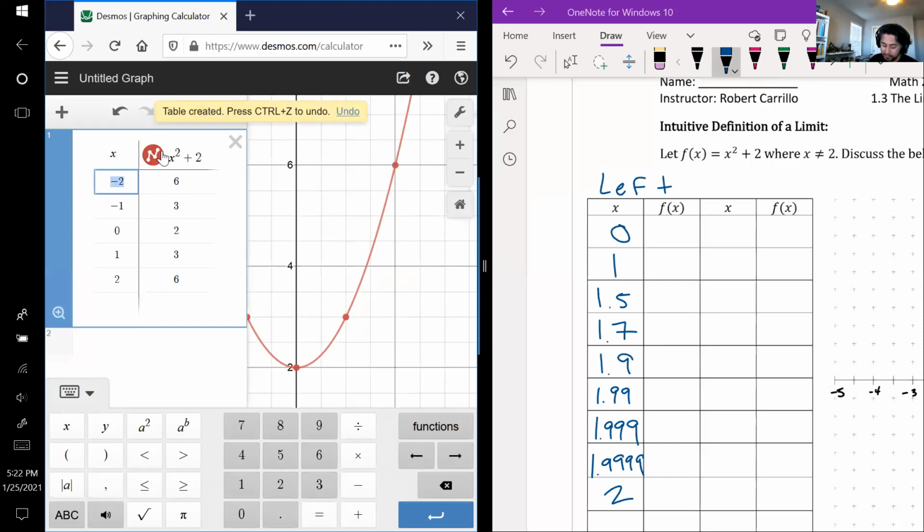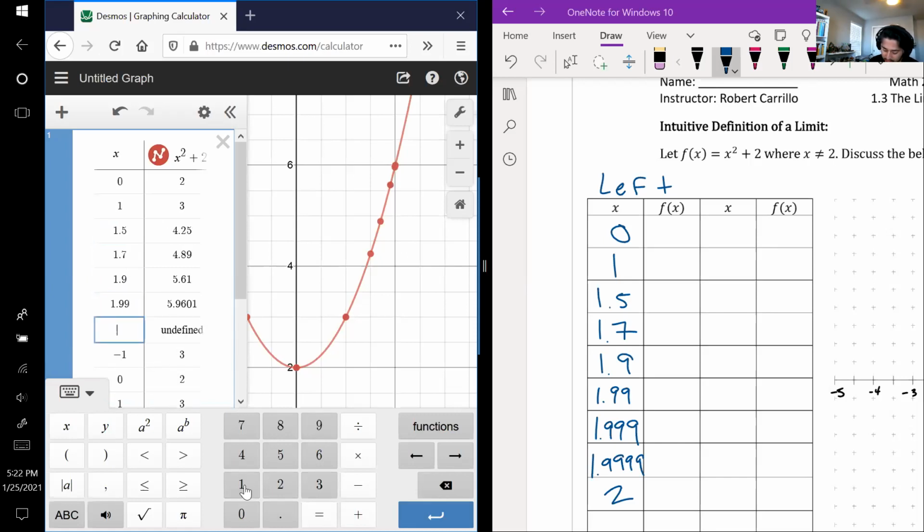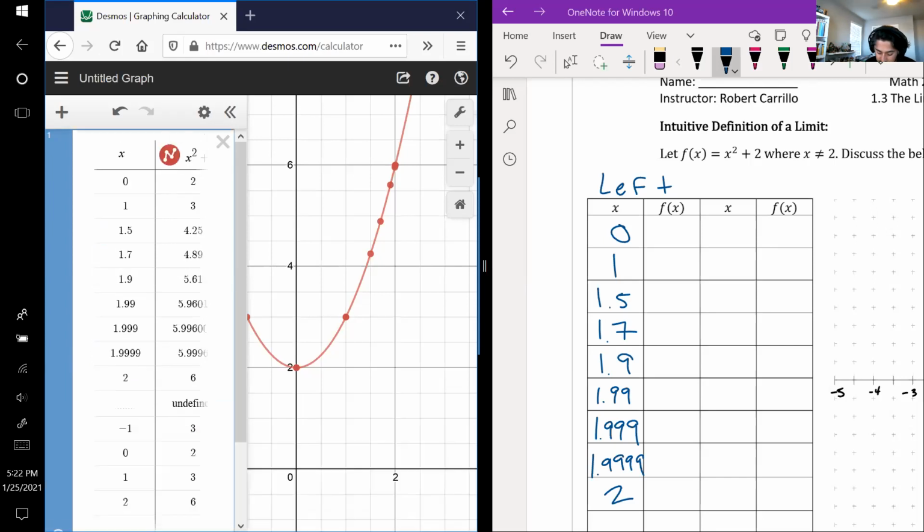I'm going to type in the same numbers we have here: 0, 1, 1.5, 1.7, 1.9, 1.99, 1.999, 1.9999, and 2. All right, so let's just go ahead and fill in this chart on the right.